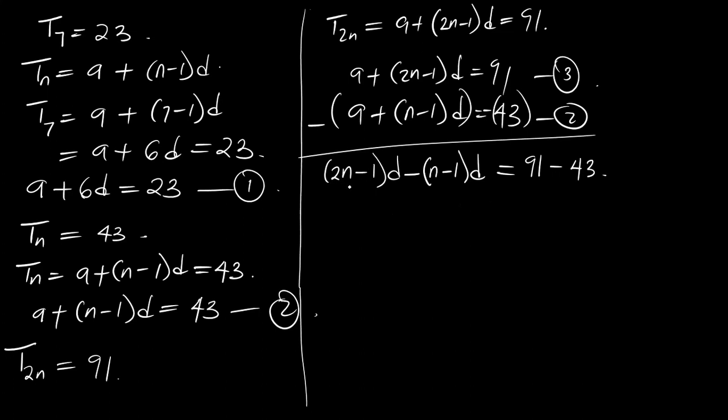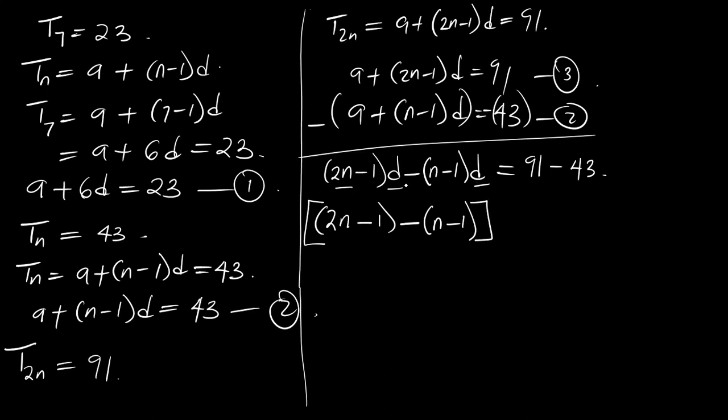So let's factor this out because we have a common factor, which is D. We'll say 2n minus 1 in brackets. Since the minus is out here, it will not remain a minus, we will say minus bracket open n minus 1 bracket close.